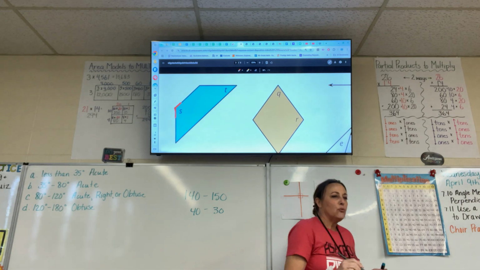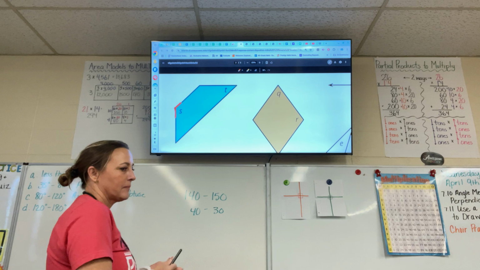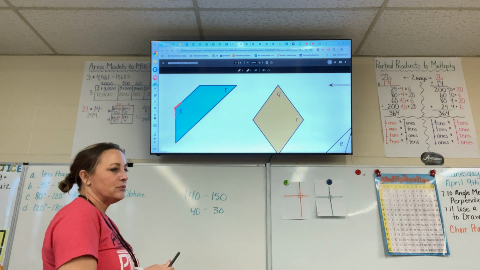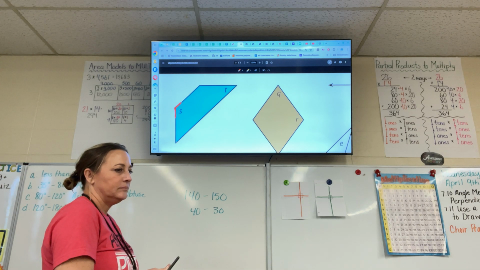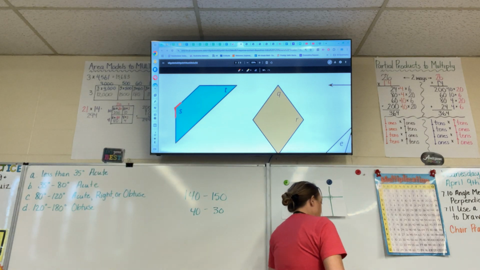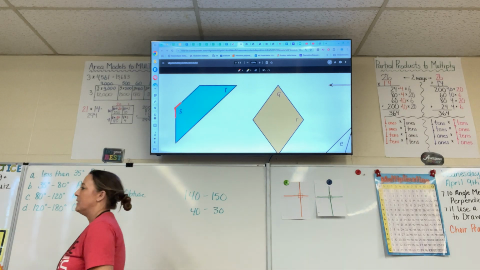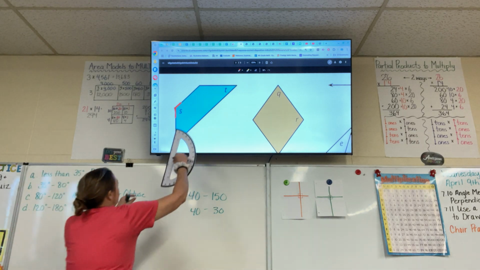What kind of angle would you say that would be, Macy? Acute, right, or obtuse? Obtuse. It's a wide angle, right? So that means on our protractor we're going to use which set of numbers? The bigger ones. All right.